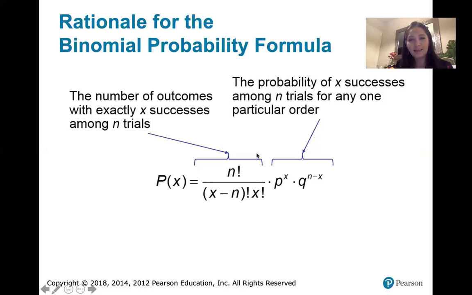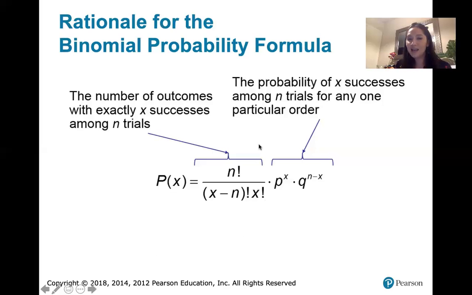So if you multiply this 6 by the probability of getting 2 correct and 2 incorrect, then you get the probability of having exactly 2 successes among 4 trials. But this extends for N trials and X successes as well. So now hopefully you know and you understand where this formula comes from.